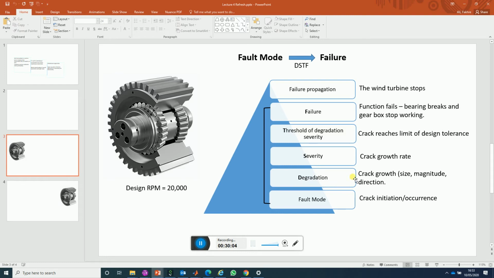Okay, and let's say when the blade was designed, the designer said this blade can only afford, for example, 5 millimeters of solid particles layer. So you can't afford to have more than 5 millimeters of solid layer on that blade due to foreign particles.